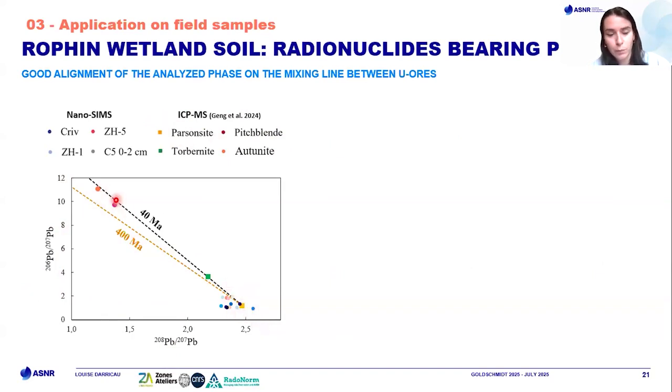So here we have the pitchblende one, and here we have the parsonsite, and we can see that most of the phases that we observed are really close to the parsonsite one.